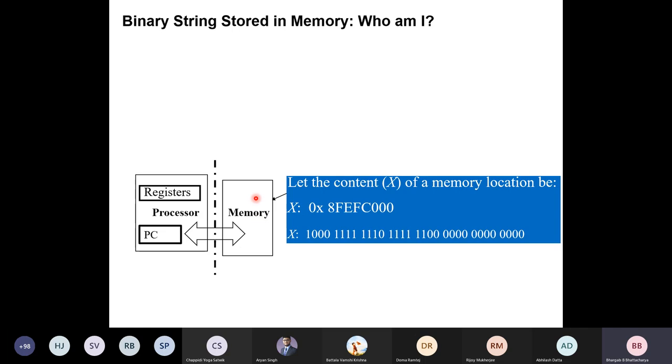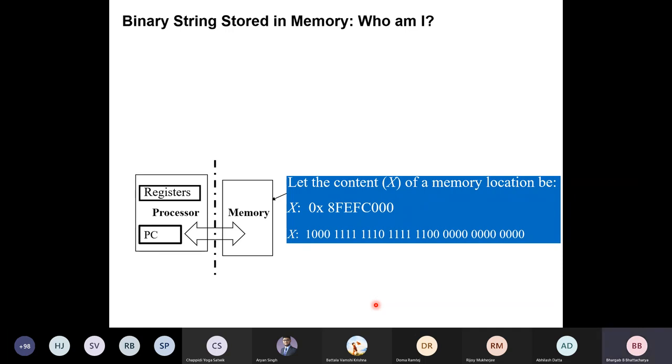Imagine that you have a memory location X, and the content of the memory location is this, which in binary is this. The machine at this point of time is accessing this memory location and finds that the content is a binary string which comprises 32 bits, strings of zeros and ones. So what action would be taken by the machine?